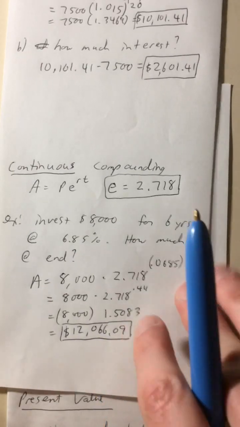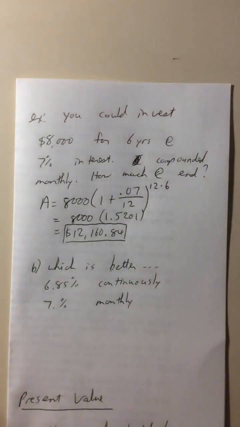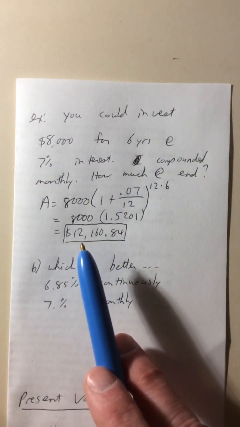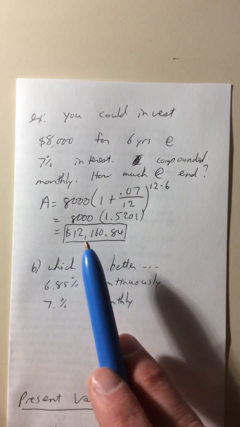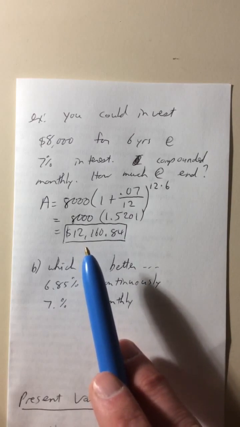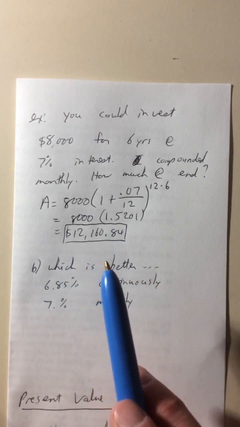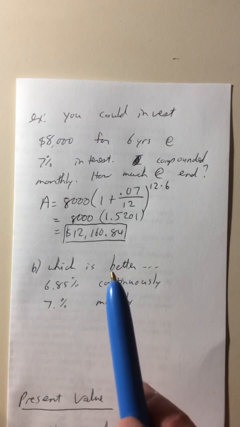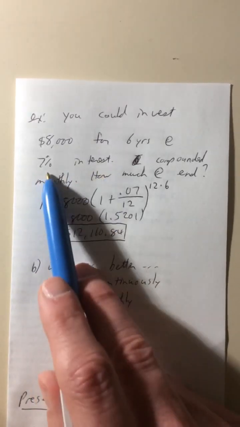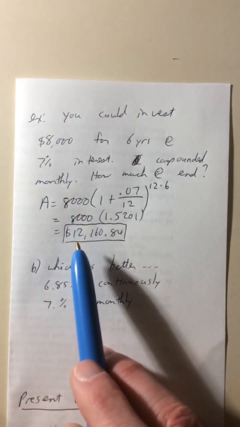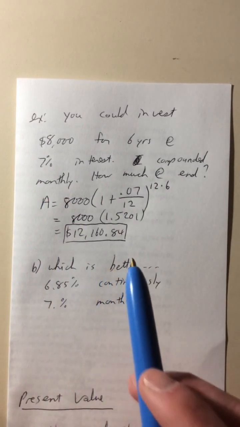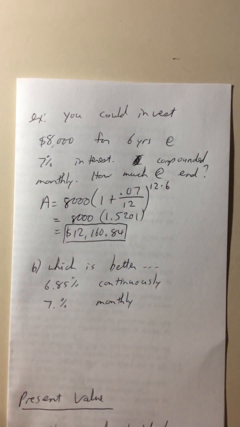But as it turns out, compounding at a higher interest rate monthly, in this case, got us a better situation. But it was close. So the moral of the story here is the more frequently you compound, the more money you make. And so, like I said, with the lower interest rate, 6.85%, compounding continuously almost got us the same as 7% compounded monthly. So compounding continuously is pretty much the way you want to go.